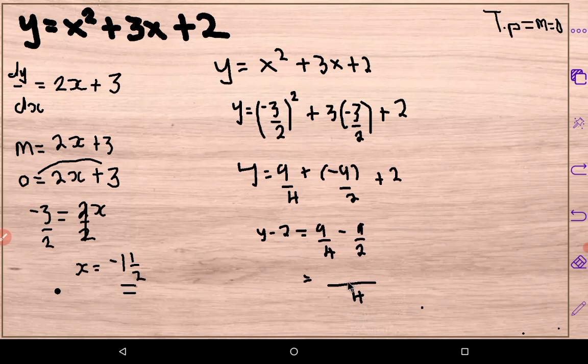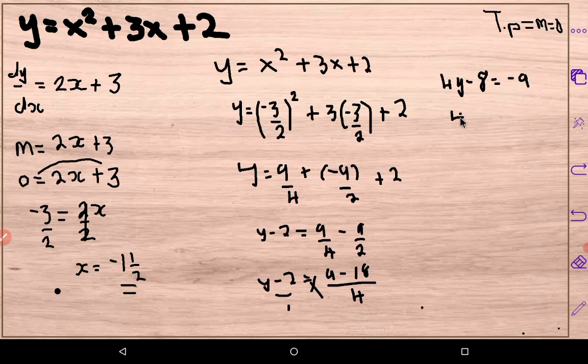Common denominator is 4. 4 there, 1 there you get 9. Minus 2 there, 2 times 9, 18. Okay, and then remember here we've got y minus 2. Then you cross multiply. So 4 times y, we get 4y minus 4 times negative 2, get negative 8 is equal to 9 minus 18, that's negative 9.